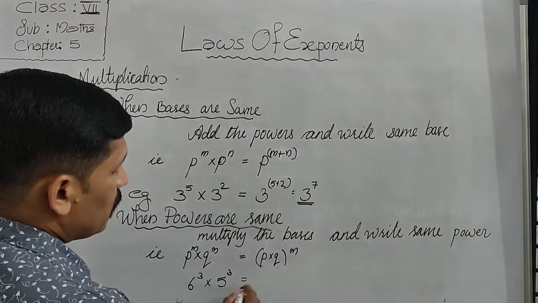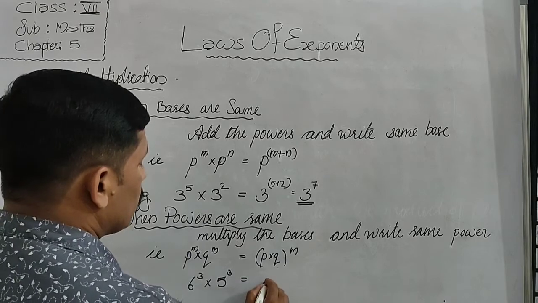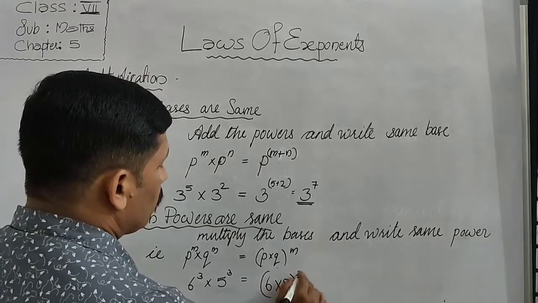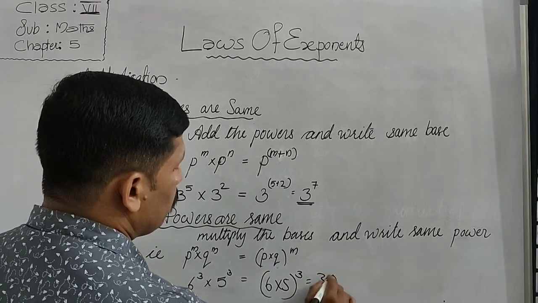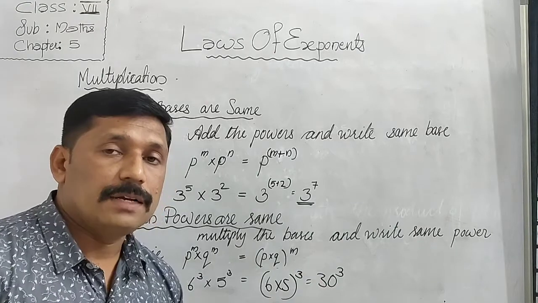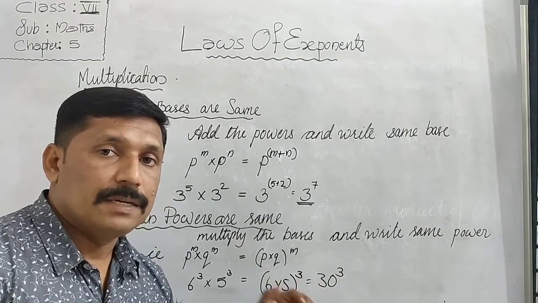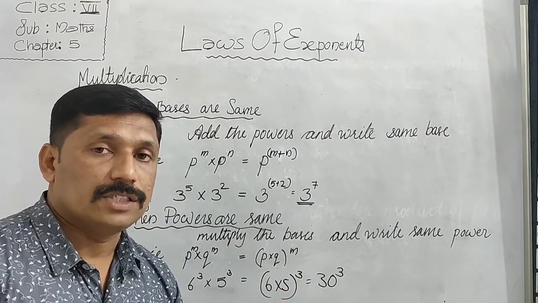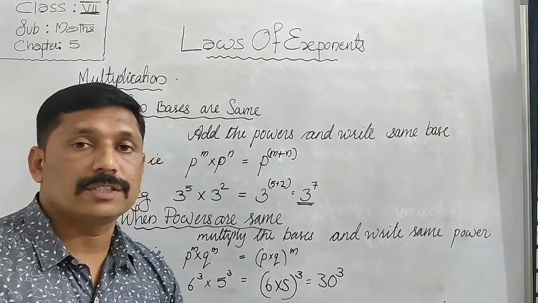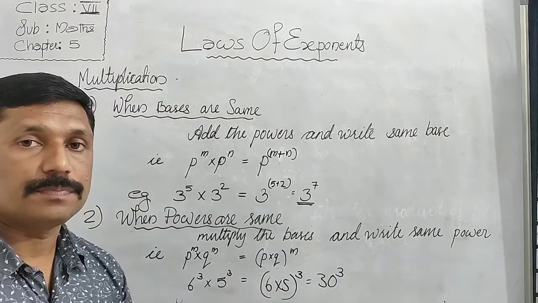Here you can see that the bases are different and powers are the same. At that time, 6 into 5 power 3, that is equal to 30 power 3. So when the bases are different and powers are the same, we multiply the bases and write the same power. These are the two important rules relating to the multiplication of exponents.